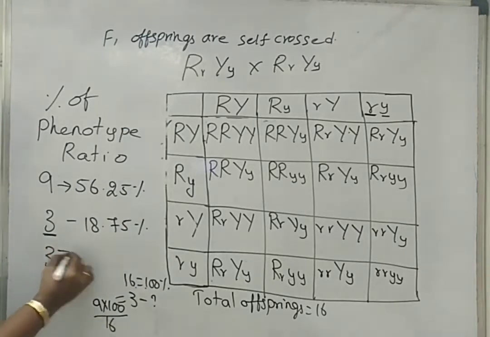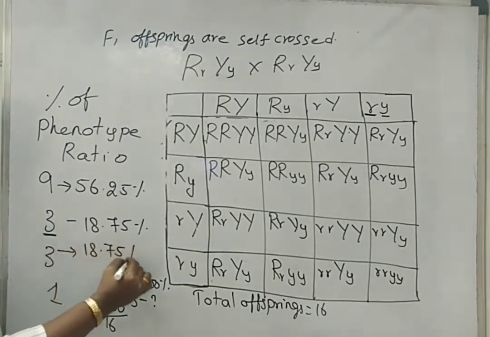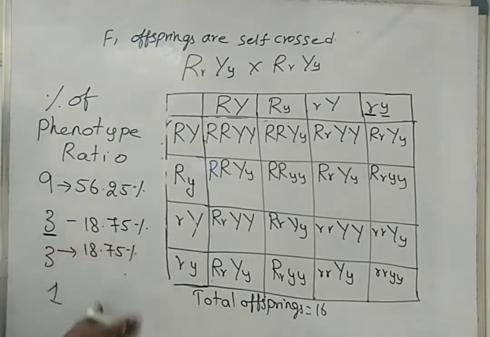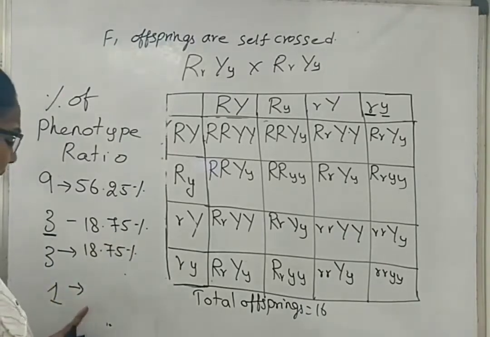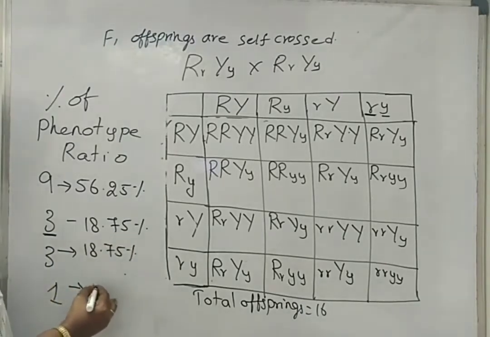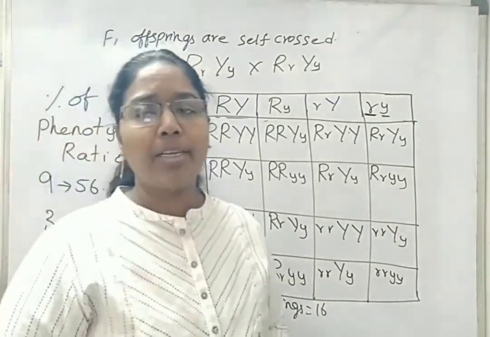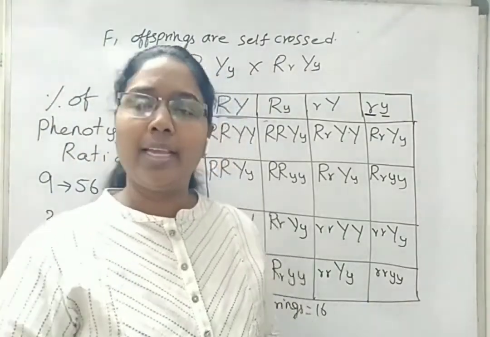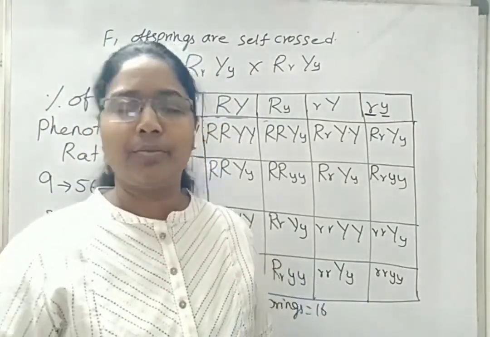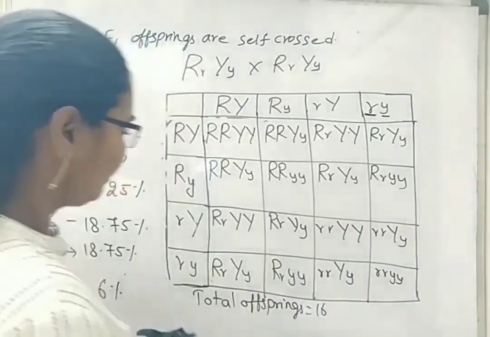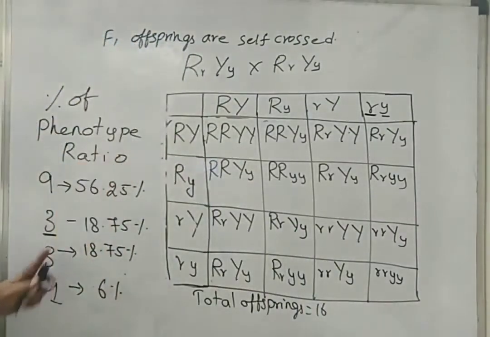This also will be 18.75%. Now, the last one, that is wrinkled shape with green color seed. What is the percentage? If 16 is 100%, what is the ratio of one offspring that is showing purely the recessive trait? So this is about the percentages you can learn for your MCQs.